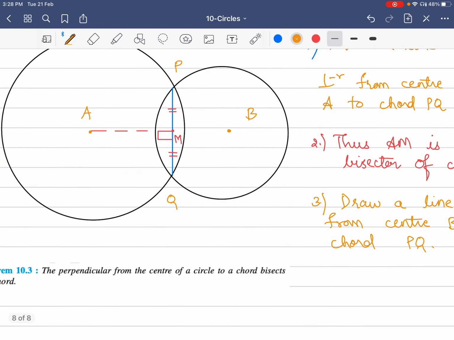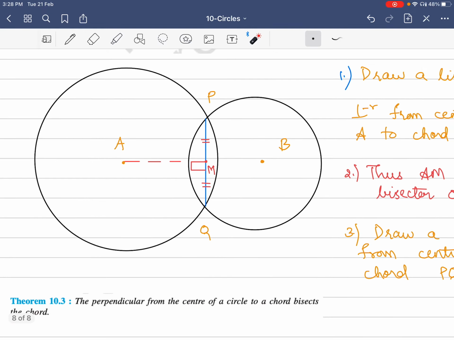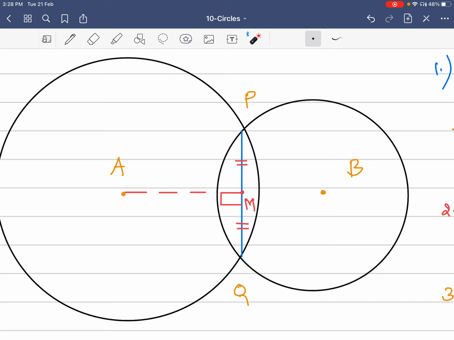Once again, this theorem will apply: if you draw a perpendicular from the center of the circle to the chord, it will bisect the chord. Which means, let's zoom in again. Now, if I try to draw a perpendicular line from the center B towards chord PQ, then it has to come at the point M. It will intersect at point M exactly.